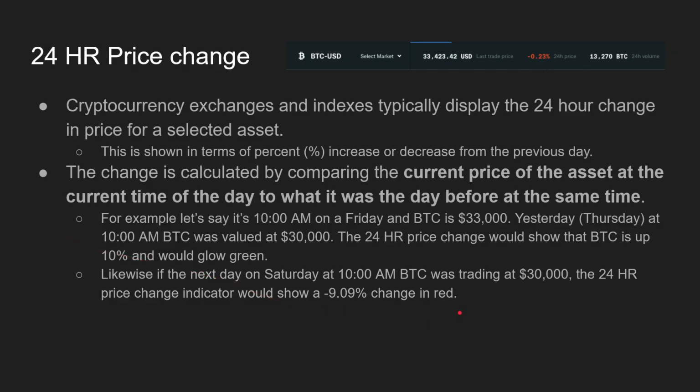Why would that be? Because on Friday, Bitcoin was valued at 33,000, right? So Bitcoin went from 33,000 at 10 a.m. on Friday, and by the time Saturday 10 a.m. rolled around, Bitcoin was trading at 30,000. So this 24-hour price change indicator would show that decrease, and it would display the percentage in red.